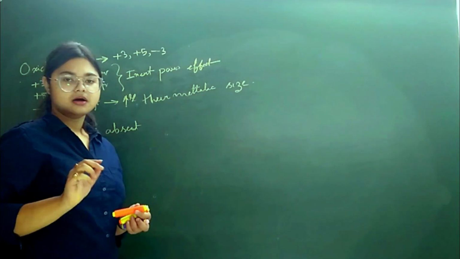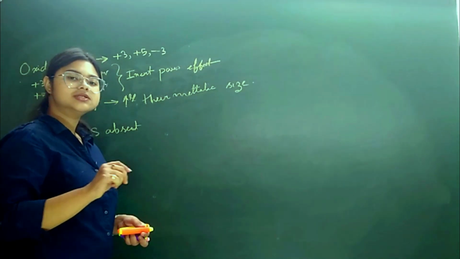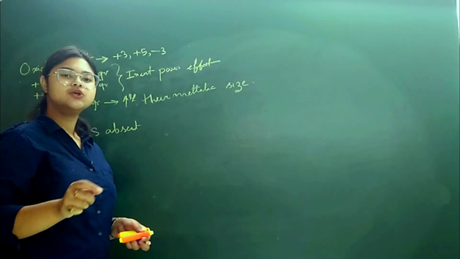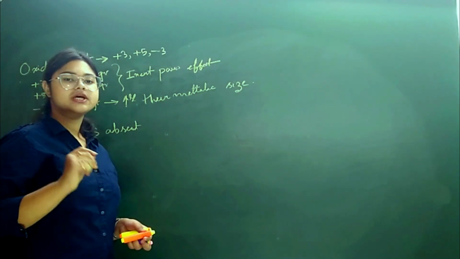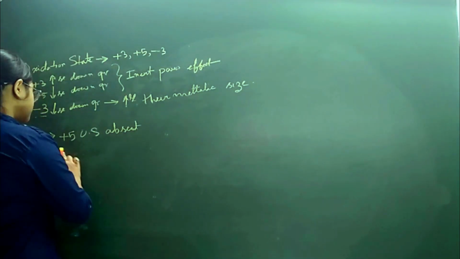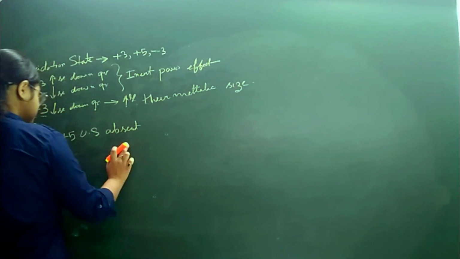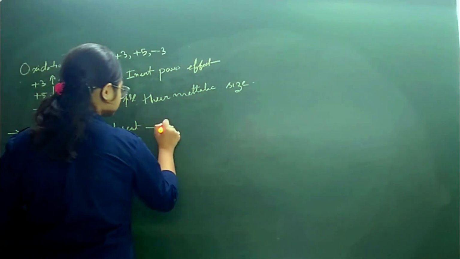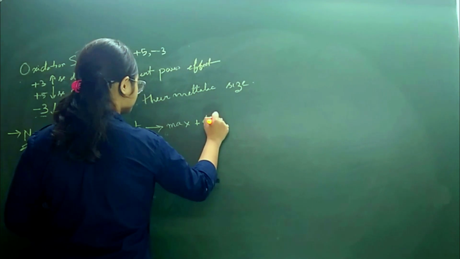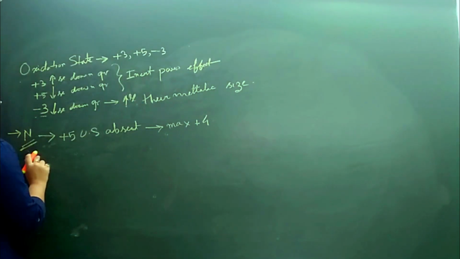Because nitrogen is a second period element, and second period elements have no d orbital. It has only s and p orbitals. So it has no +5, and the maximum covalency is +4.